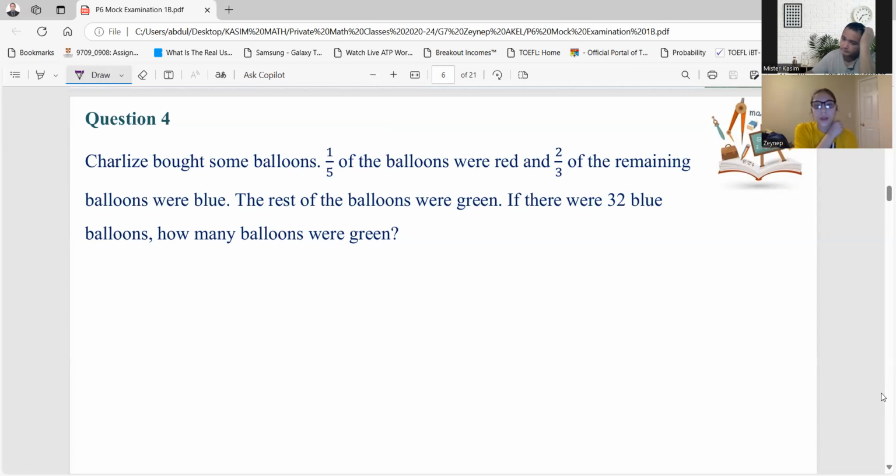So, and then the rest was green. And then there's 32 blue balloons in all. How many of the balloons were green? Well, we know that 1/5 of the balloons are red and 2/3 of the remaining balloons are blue.